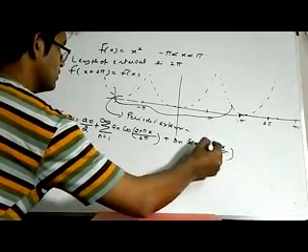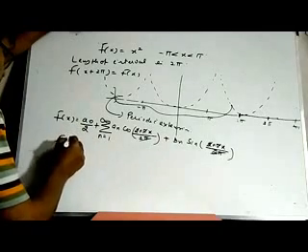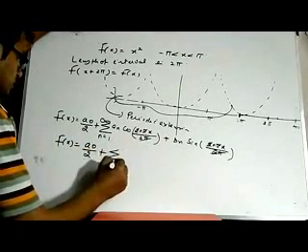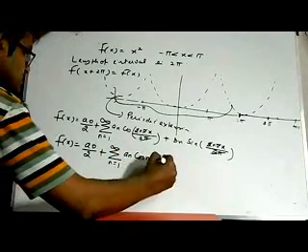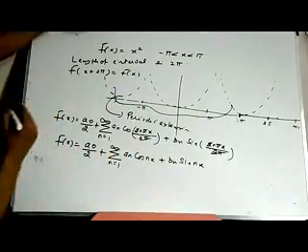This will get cancelled with this, and this will get cancelled with this. So f(x) will be a0 by 2 plus summation an cos nx plus bn sin nx. It is like that.